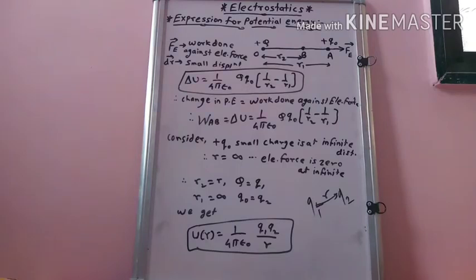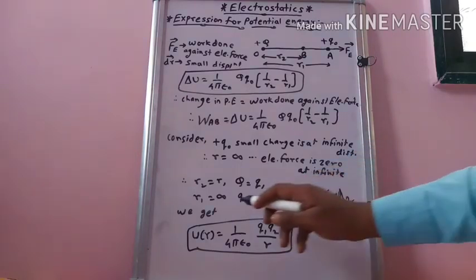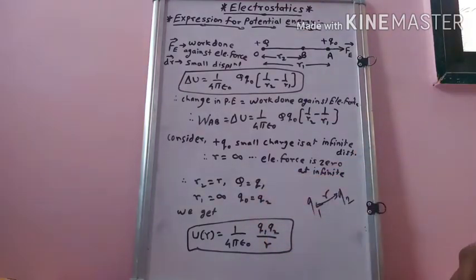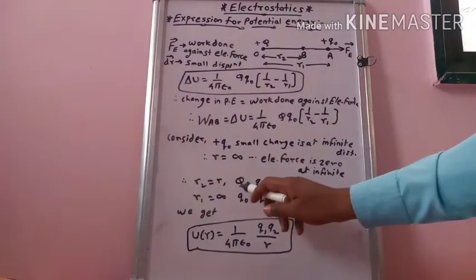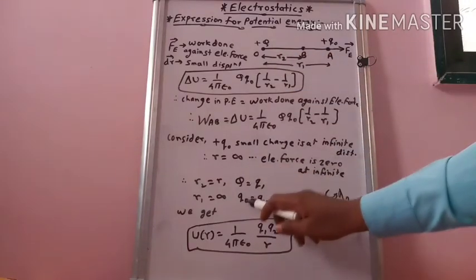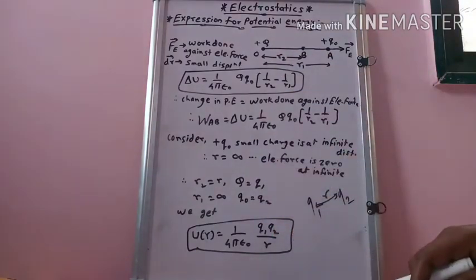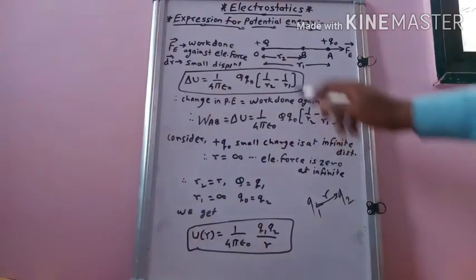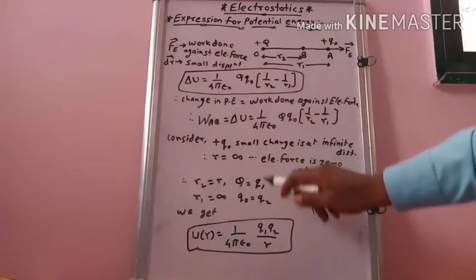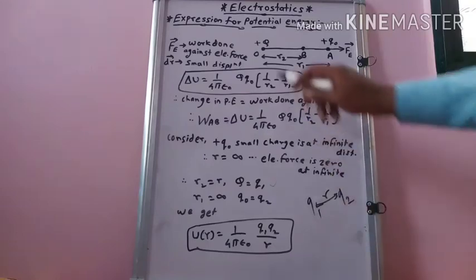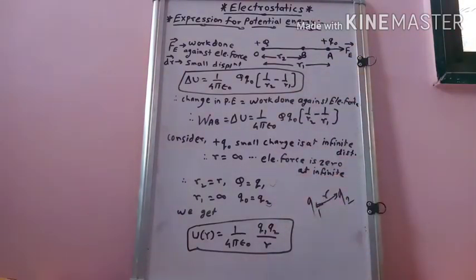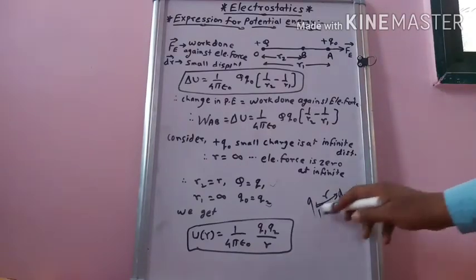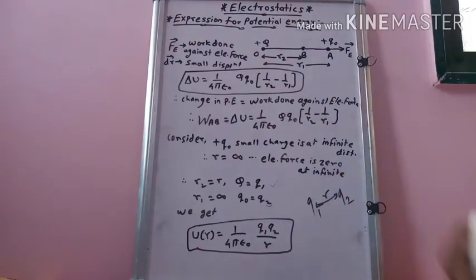Then, obtain from the above equation by using R1 equal to infinity, R2 equal to r, capital Q equal to Q1 and q0 equal to Q2, and the distance between them is small r, with R1 at infinity.